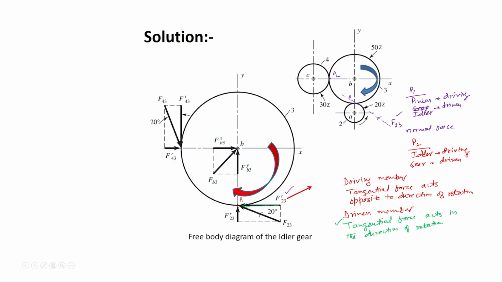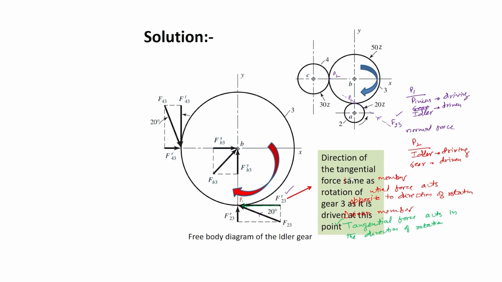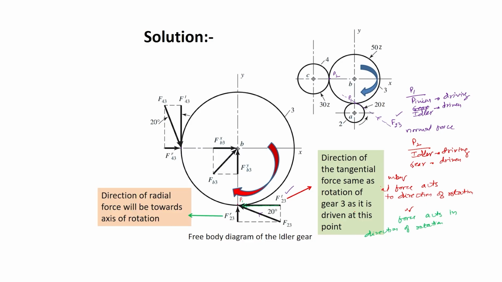And the radial component is shown here. The radial component will always act towards the center of rotation, and so this will be in this way.